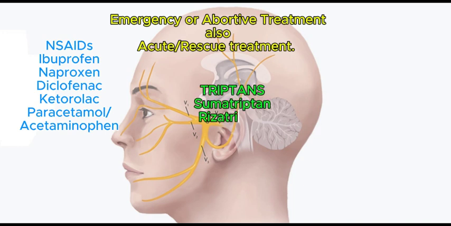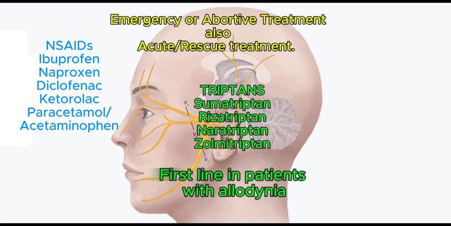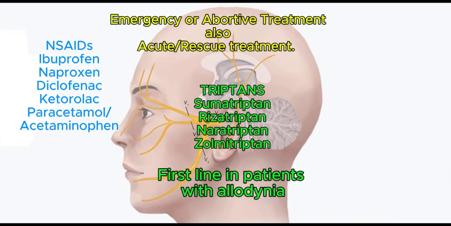For example, triptans, which is the first line in patients with allodynia, which means pain due to a stimulus that normally does not cause pain.